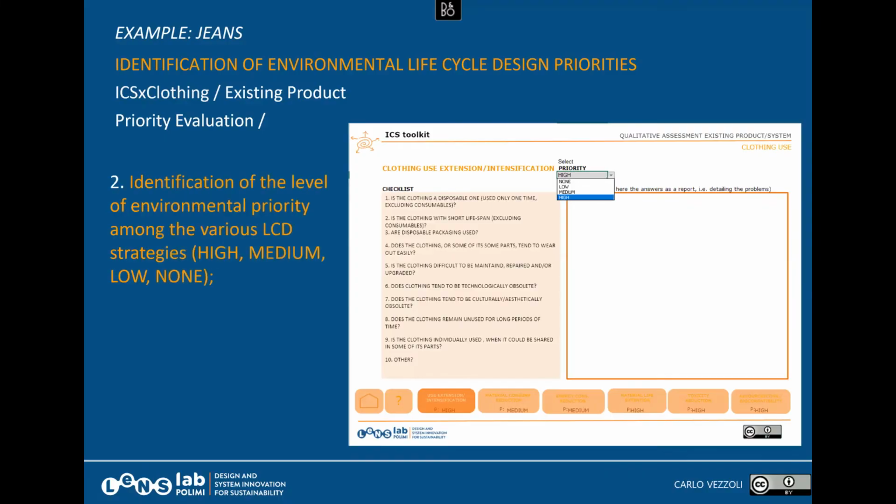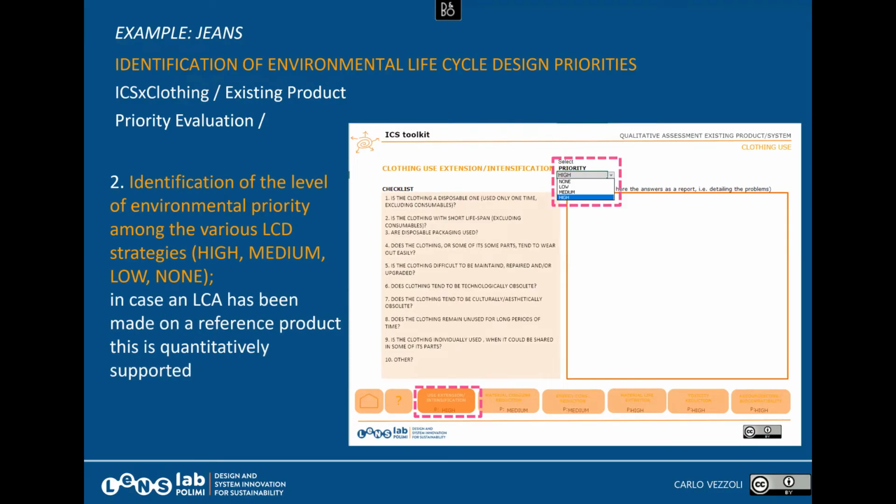And when this is made, of course, if you have made an LCA, you have a strong quantitative support to be able to do what? Because this is the aim, to come out with some priority definition. So which is the strategy that is most promising to reduce environmental impact of my cloth, of the reference: the extension of the life, the reduction of material, the reduction of energy consumption in use, or which is the one, okay?